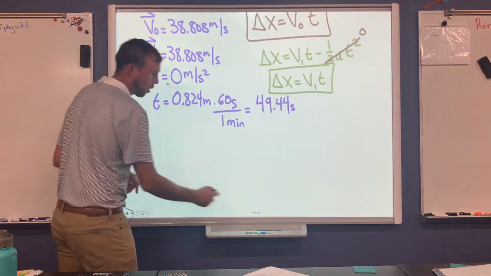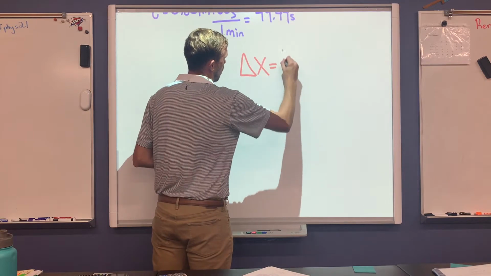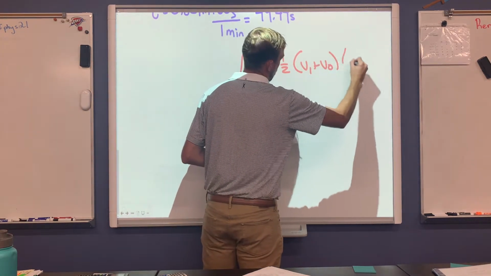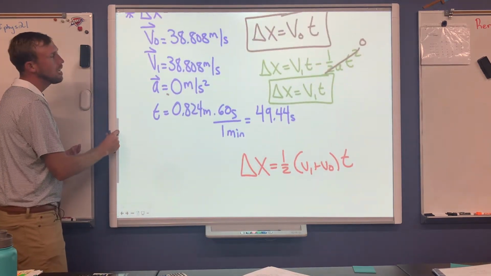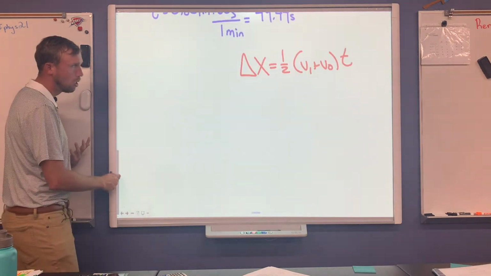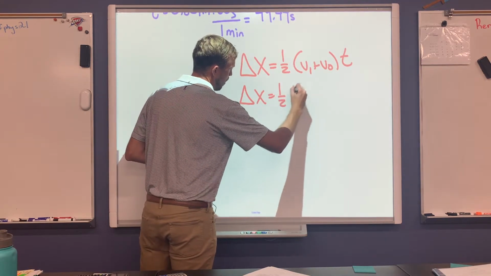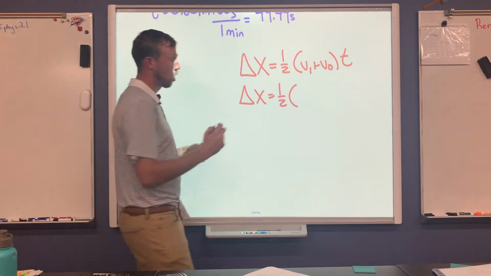Now the last one, equation number 4: delta x is equal to 1/2 times v1 plus v0 times t. How does that work out to be the same? Well, look back at your equation. Technically my v0 and v1 are the same value. So I could write delta x is equal to 1/2, and then rather than calling them v1 and v0, since they're the same values, what if I just call them each v?